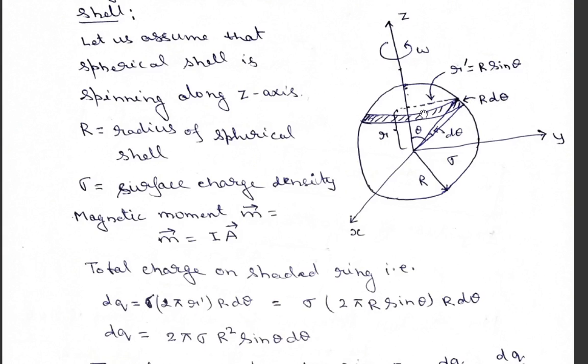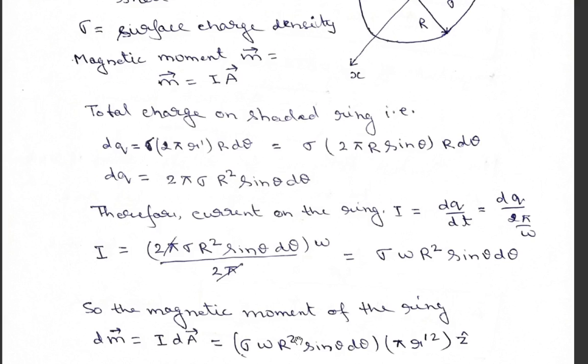So that will give, obviously, the circumference, that is 2 pi r prime, into the thickness, that is r d theta, so 2 pi r prime into r d theta is the total surface area of the circular ring. Okay, so this is giving dq, where r prime is capital R sin theta, so dq will be equal to sigma into 2 pi capital R sin theta r d theta, so this will give dq is equal to 2 pi sigma R square sin theta d theta.